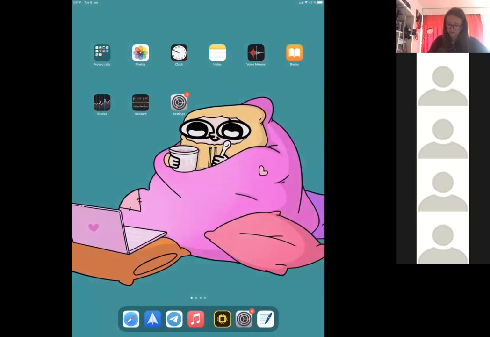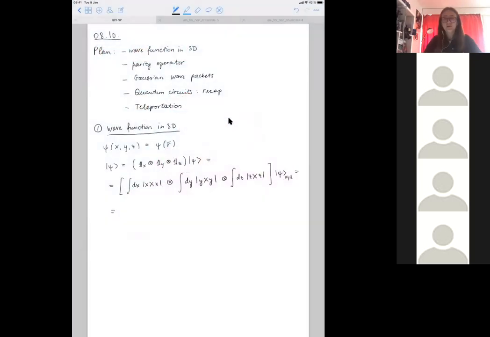So then what we get is the following: the integral dx dy dz of |x⟩ tensor product |y⟩ tensor product |z⟩. These are just the kets. And now the bras ⟨x|, ⟨y|, ⟨z| acting on psi.